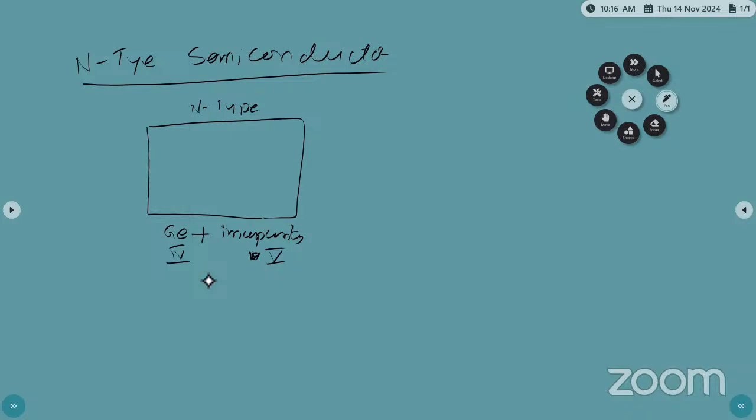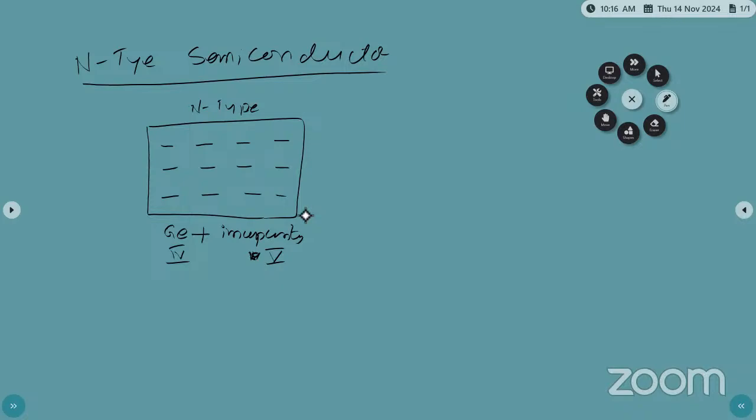Now this N-type semiconductor has electrons as charge carriers. The charge carriers means excess electrons. If any device is requesting electrons, then you can donate this electron.